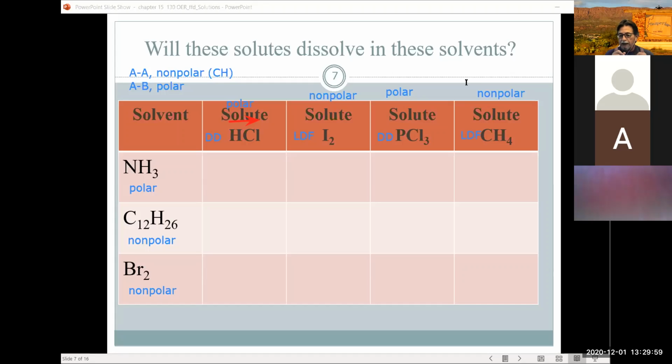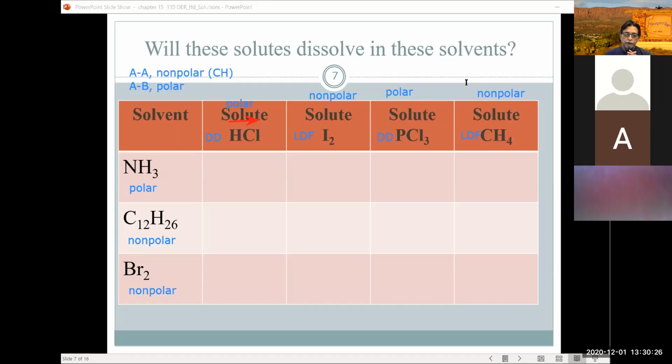So with that in mind, of those 4 solutes, which would have the lowest boiling point? Either the iodine or the methane, right? Yeah, and that's why I said the lowest 2. Because they would be the ones with the weakest force, which is the London dispersion forces.